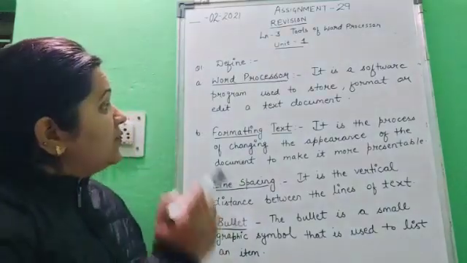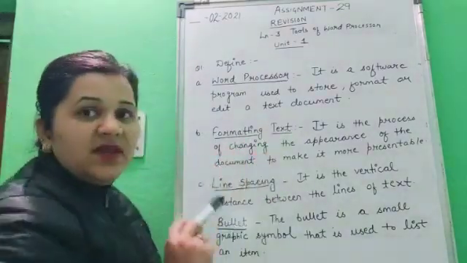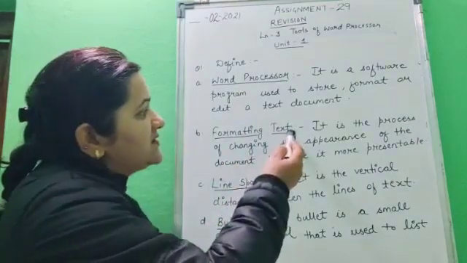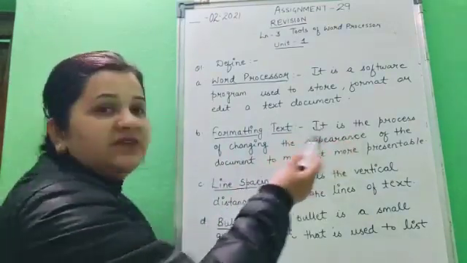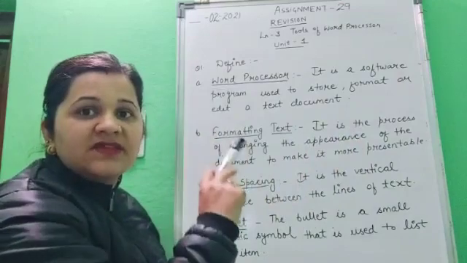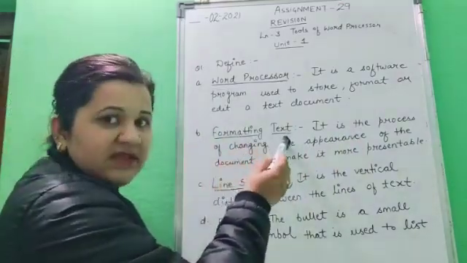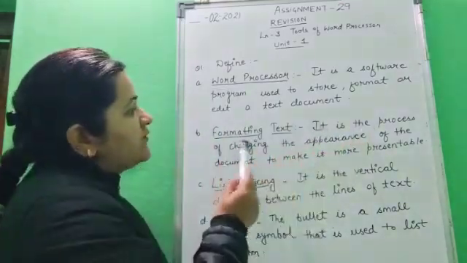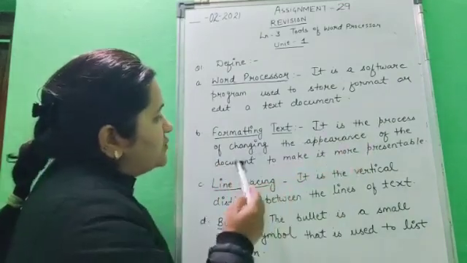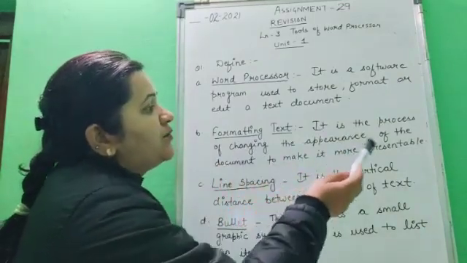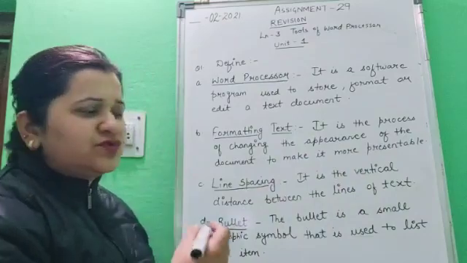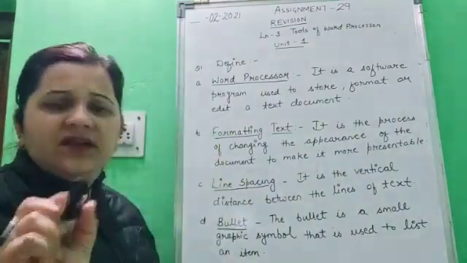Okay children. Now next comes formatting text. What is text? Text means the letters or the words we have typed on the computer screen. We term them as text. So what is formatting text? It is the process of changing the appearance of the document to make it more presentable. Now suppose I ask you to write something and you have just written it down.